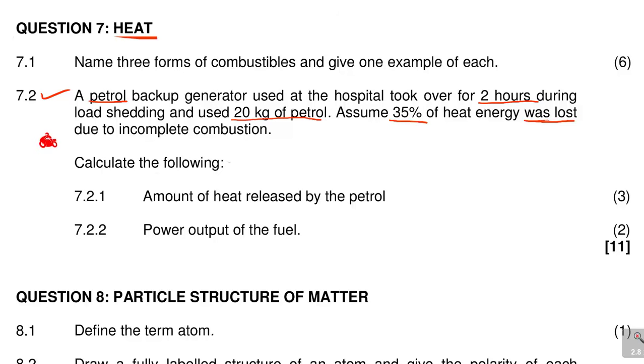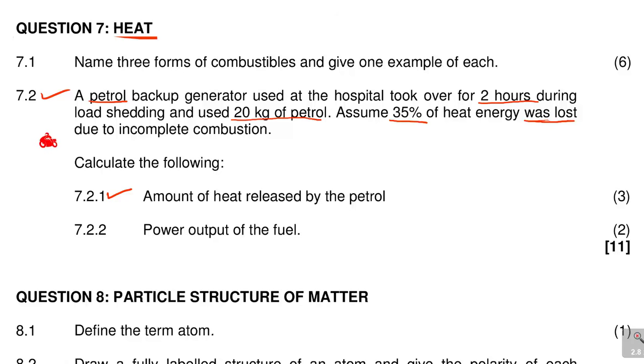Now it says calculate the following. Number 7.2.1, the amount of heat released by the petrol. Whenever we are dealing with the amount of heat released by petrol, it is very important for you to grab hold of the formulas.